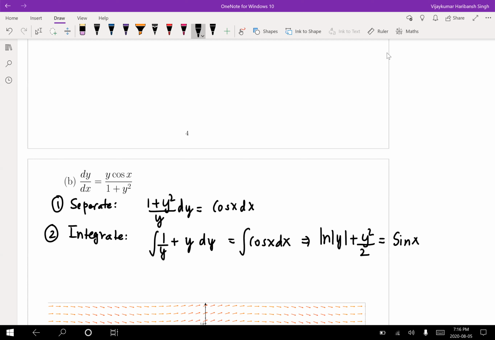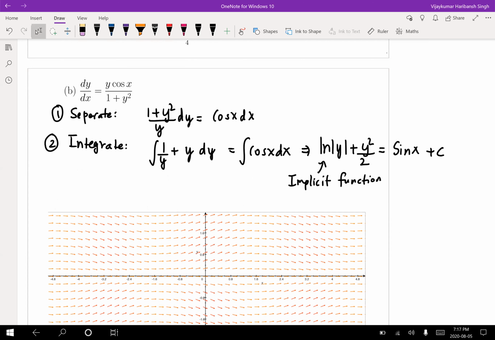And I can write plus c on either side, it doesn't matter which side you write. Now generally we solve for y, but this is implicitly defined. This is an implicit function, not an explicit function.